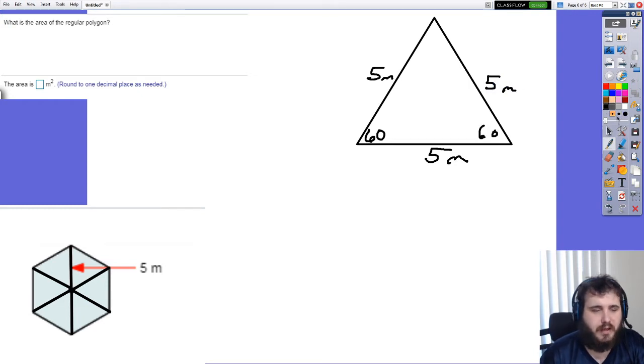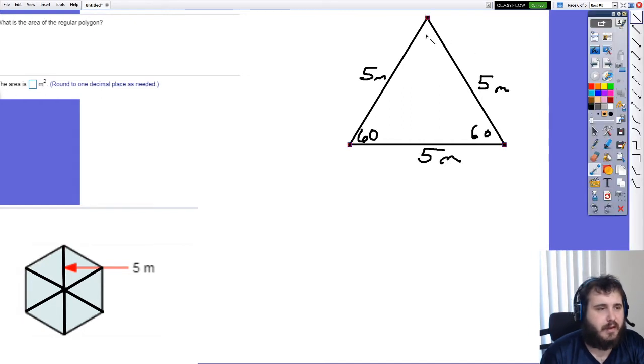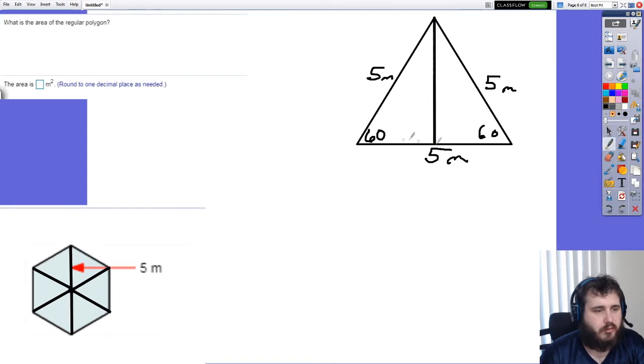And basically what it boils down to is I can take this equilateral triangle, slice it down the middle, and make a 30, 60, 90 triangle. So this whole thing is 5, so this piece is 2.5, which means that this piece right here is 2.5 radical 3.